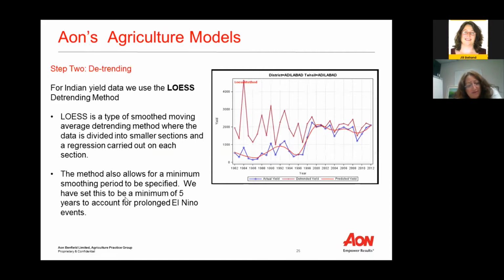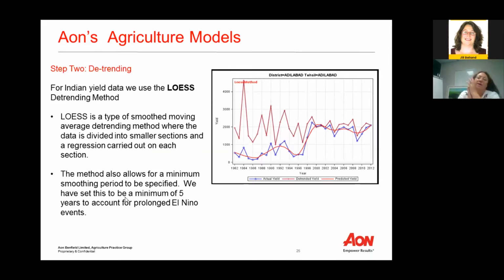They occur every 7 years on average, and the effect can last for 2 or 3 years sometimes. So you want to make sure that when you're detrending, you're not just saying, oh, actually it was just a 5-year drought and then all the yields went up. Because if there was a 5-year drought, you want to know that, and you want that in your history, because that is going to occur again.